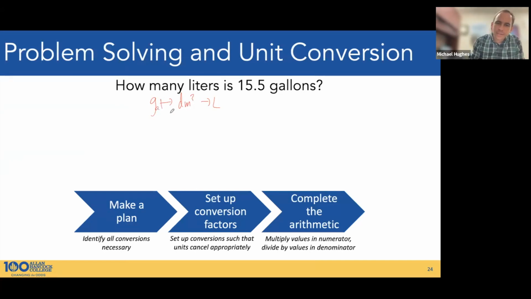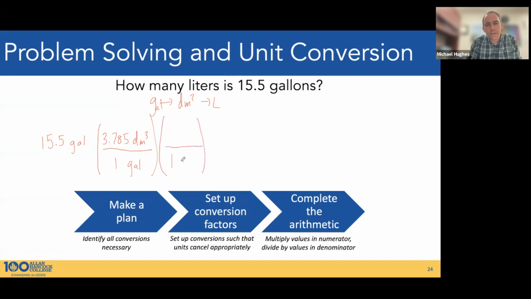If I have 15.5 gallons, and then there is 3.785 decameters cubed in 1 gallon, I could set up another unit conversion right next to it and say, well, 1 decameter cubed is 1 liter.